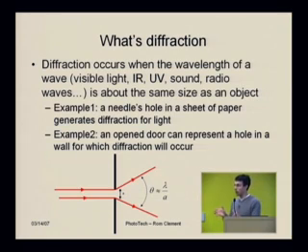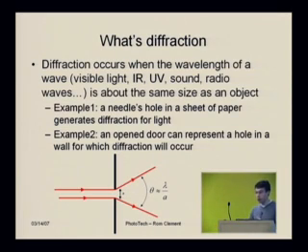A very simple case is a very tiny needle hole in a sheet of paper, where we can have diffraction for visible light. Or even an open door in a wall would generate diffraction for a wave which would be around 100 megahertz.